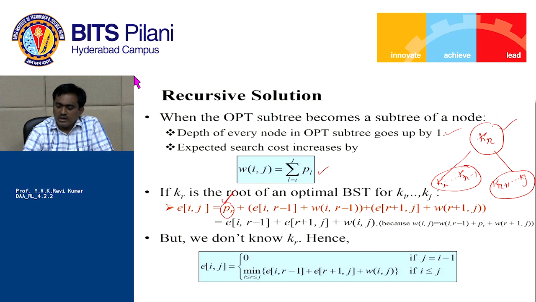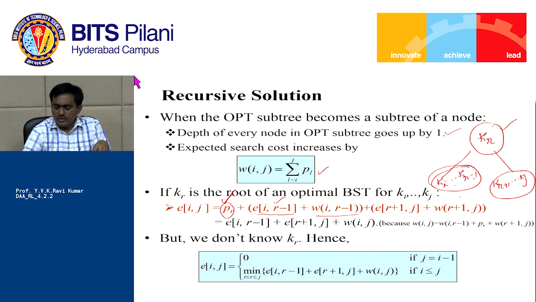Next we'll go to the left subtree, where e[i, r minus 1] is the cost taken for the search in the left optimal binary search tree, and w(i, r minus 1) is the cost incurred for searching each and every node in this left subtree.